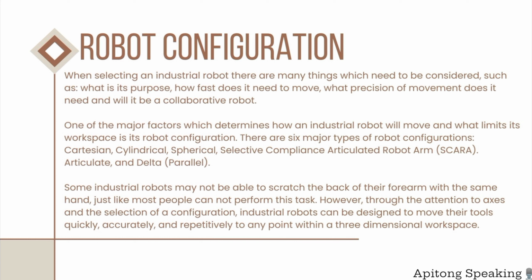However, through the attention to axes and the selection of a configuration, industrial robots can be designed to move their tools quickly, accurately, and repetitively to any point within a 3-dimensional workspace.